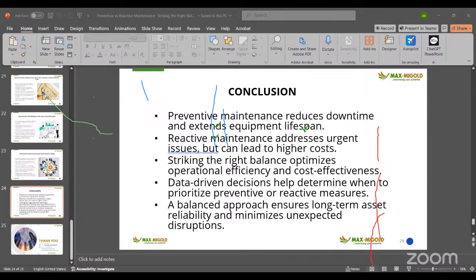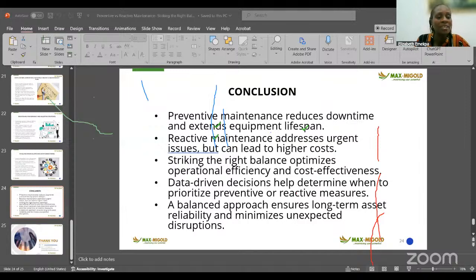Someone asks, how can one map out budget for preventive maintenance and reactive maintenance? Okay, so let's start with preventive maintenance, for example. There's what we call the vendor book, right?